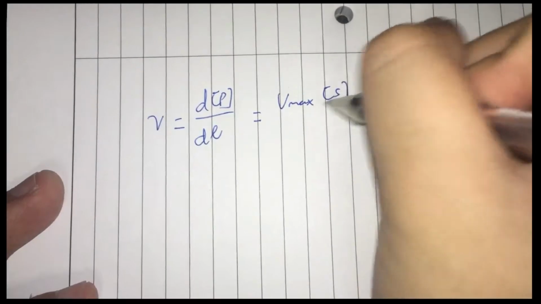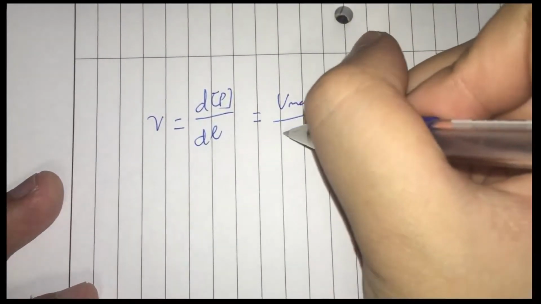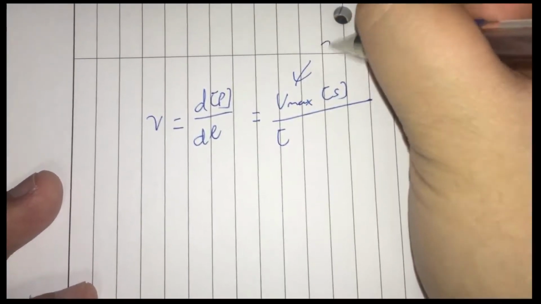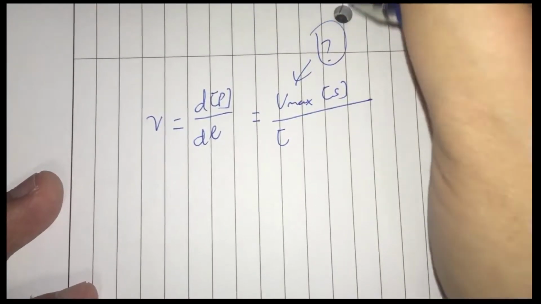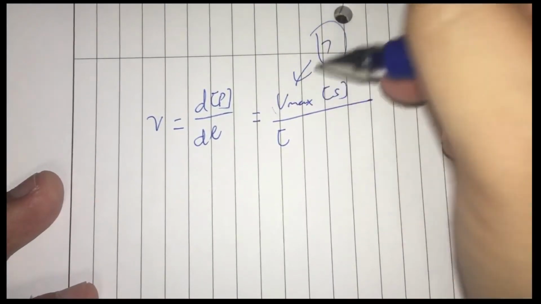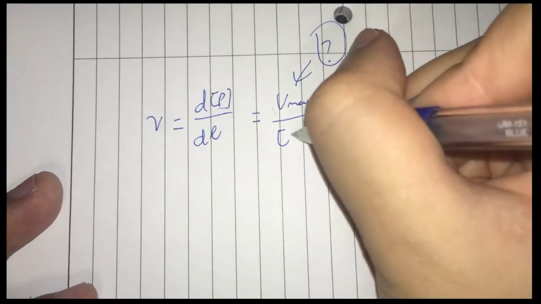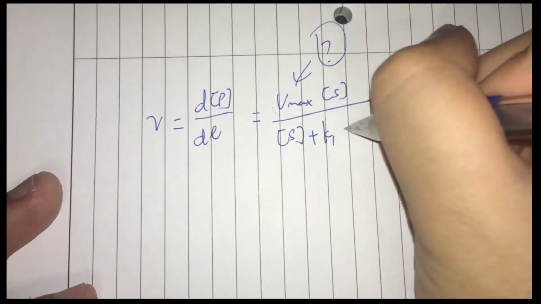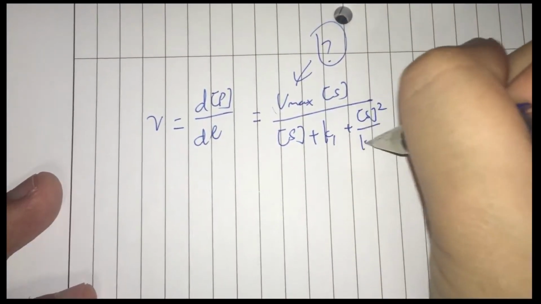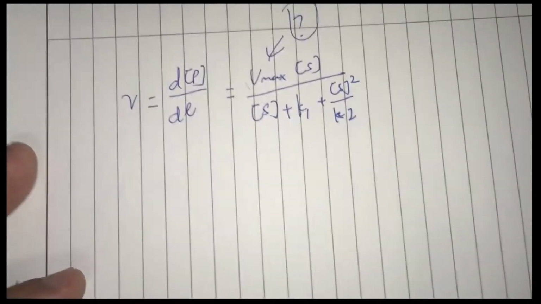Vmax. Yeah, we want to find the maximum point of that curve. And you show whether the maximum point of this curve will equal this Vmax. So that's the first part.